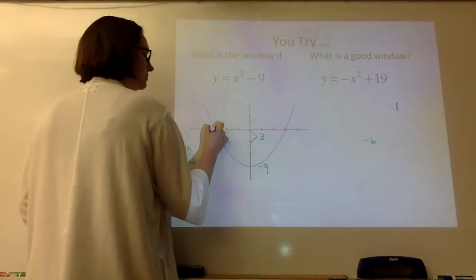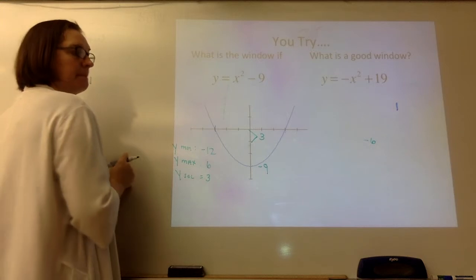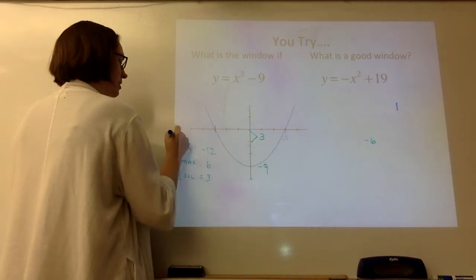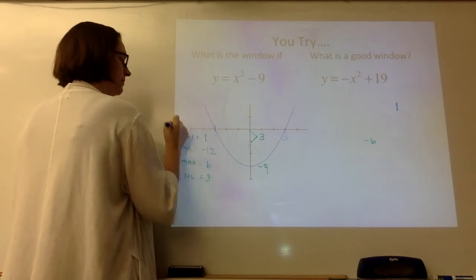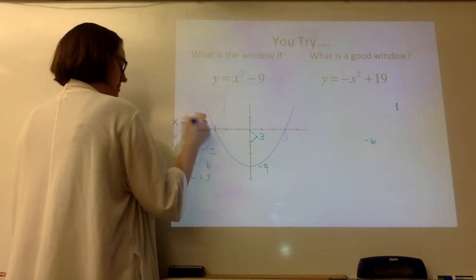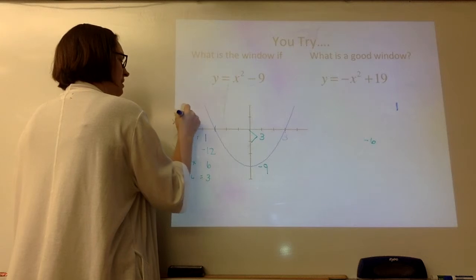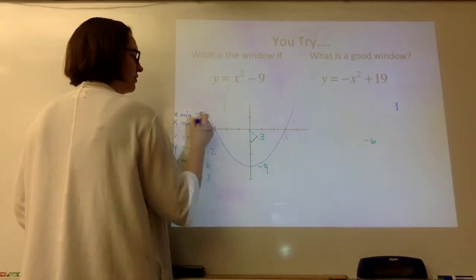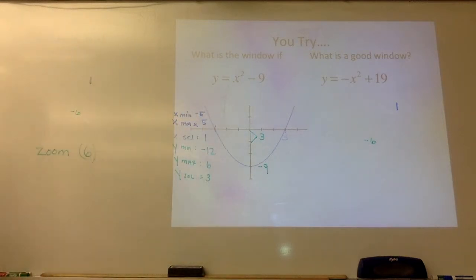What is this value in the standard window setting? 3. So what's my scale here? 1. X max, x min. 1, 2, 3, 4, 5. Negative 5. 1, 2, 3, 4, 5. Yes? Does that make sense?